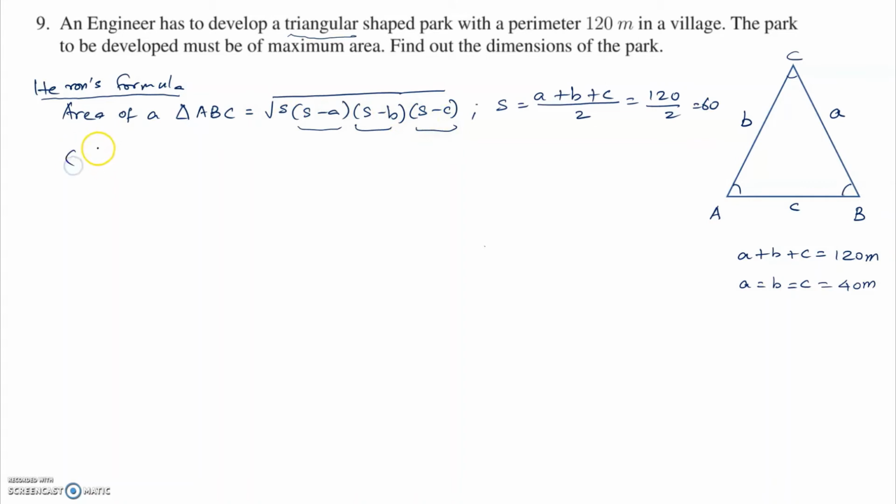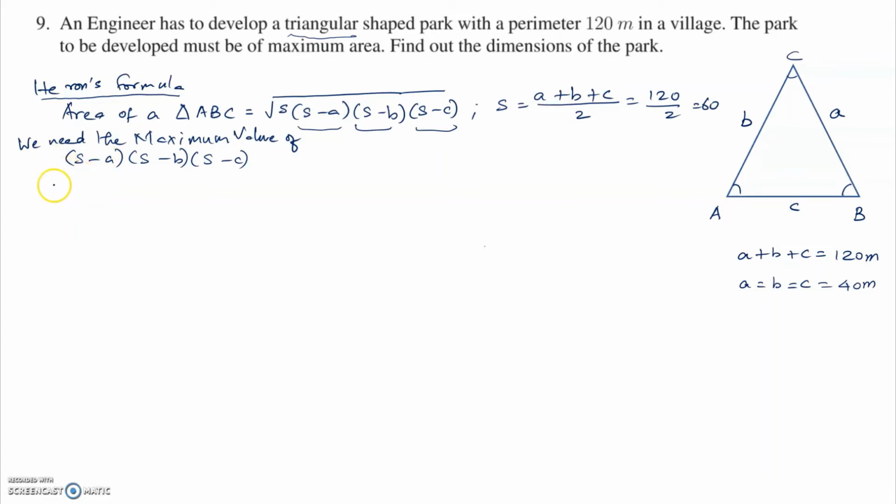So to get a maximum value, you need to get the maximum of S minus A into S minus B into S minus C. We need the maximum value of this product here. The way to solve this is already given in your example problem. However, I'll explain that over here.